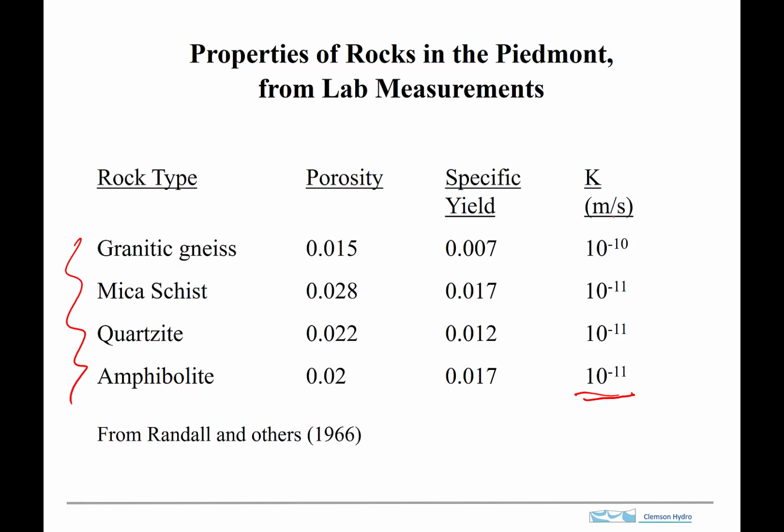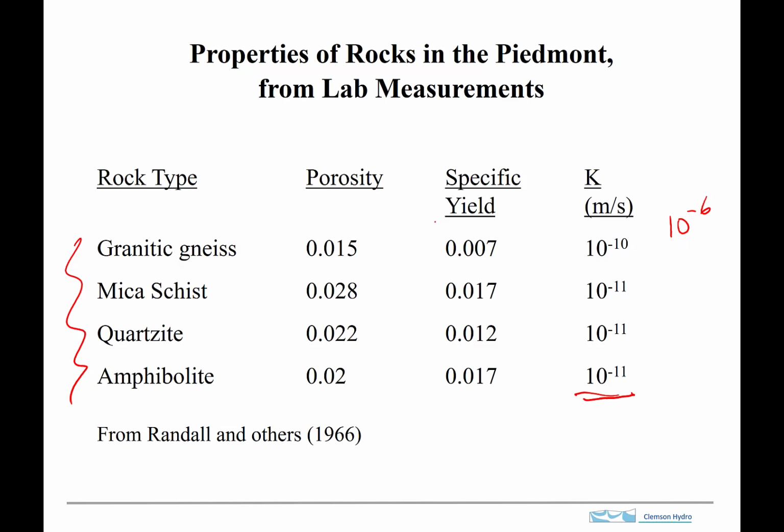You recall that the typical value that we saw from the study by Malcolm Schaeffer was around 10 to the minus 6 meters per second. And here the rock itself is 10 to the minus 11 to 10 to the minus 10 in that range. So 4 or 5 orders of magnitude less hydraulic conductivity than for the fractured rock in the field.